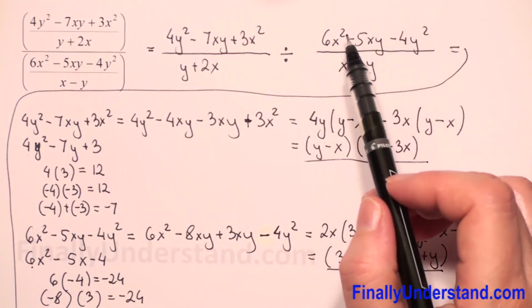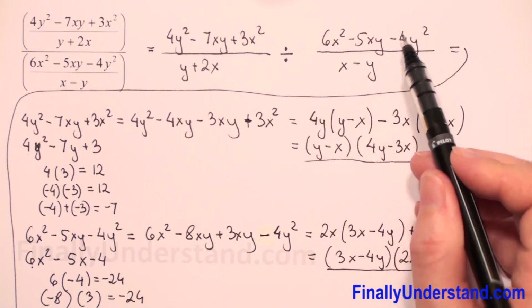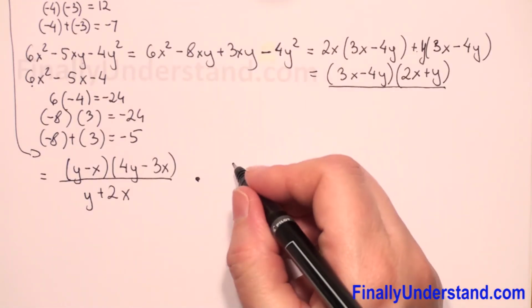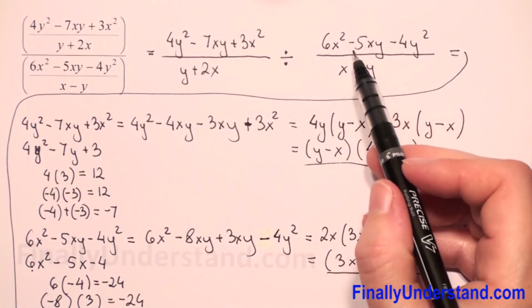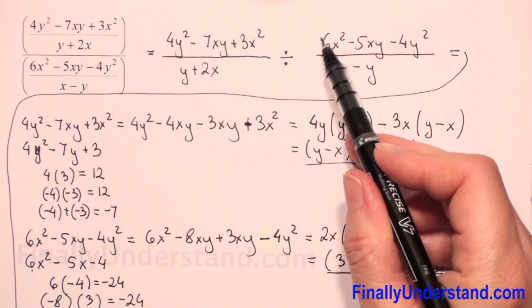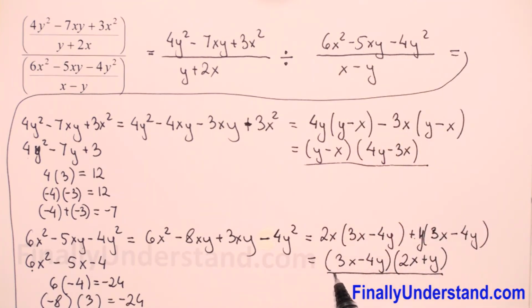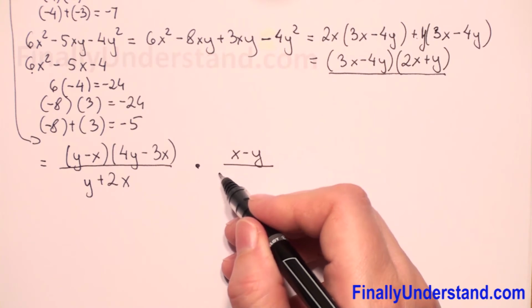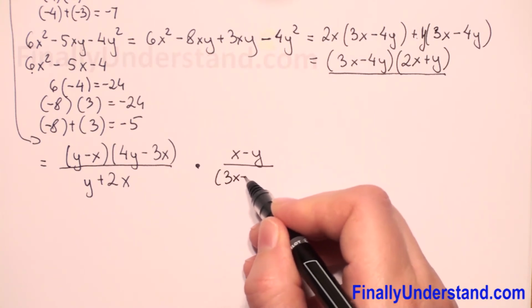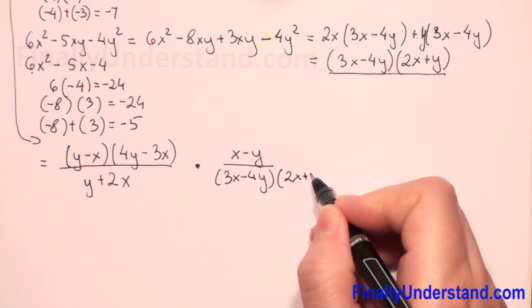this algebraic fraction, so it means the denominator will go to the numerator, so we have x minus y, and in the denominator we will have now this whole term, so I will change this to that because this is the same, so this is 3x minus 4y times 2x plus y.